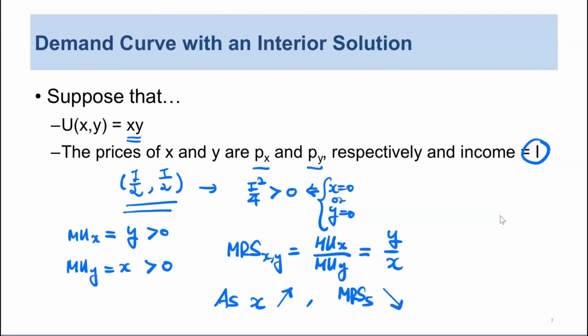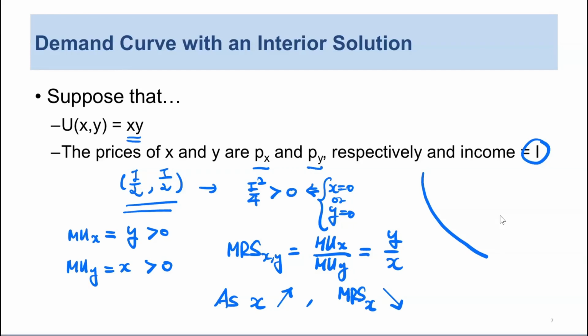So it also satisfies the decreasing marginal rate of substitution. Therefore, the indifference curve generated by this utility function looks like this, the nice looking indifference curve that we are all familiar with.